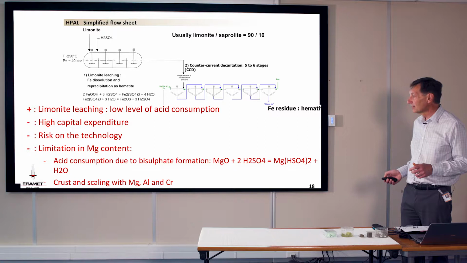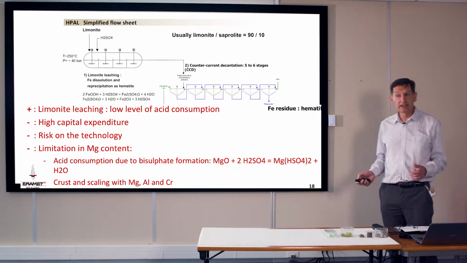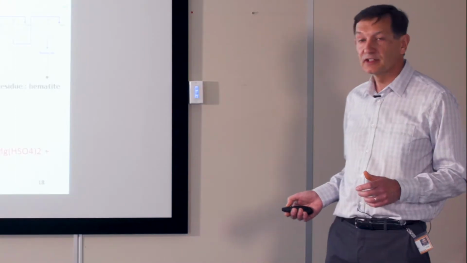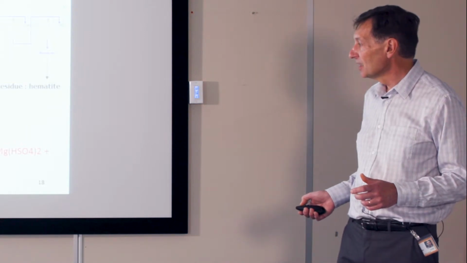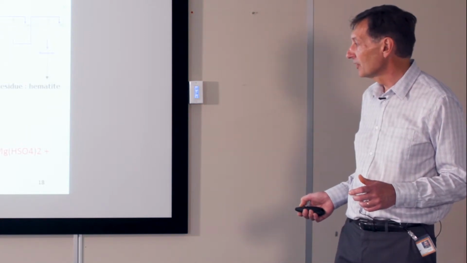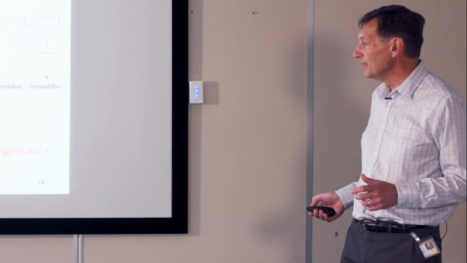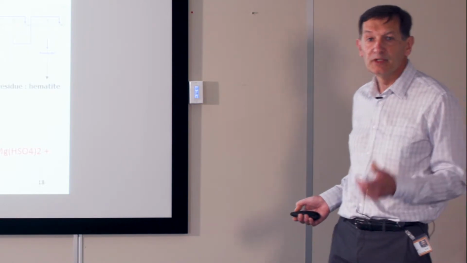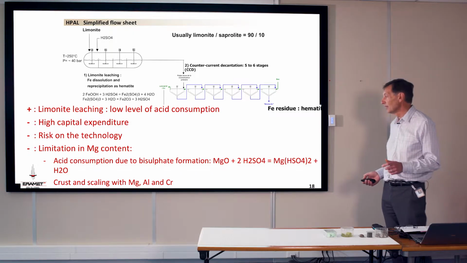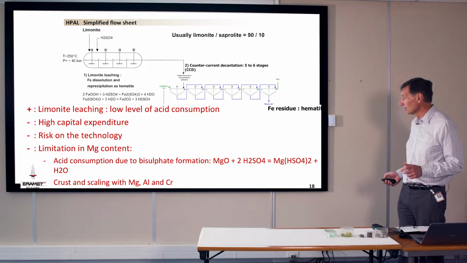The other drawback is a limitation in magnesium content, due to the fact that during the leaching of the magnesium oxide, you create bisulfate of magnesium, and this bisulfate consumes a large quantity of acid. That's one of the drawbacks.